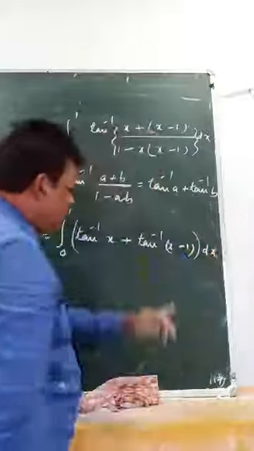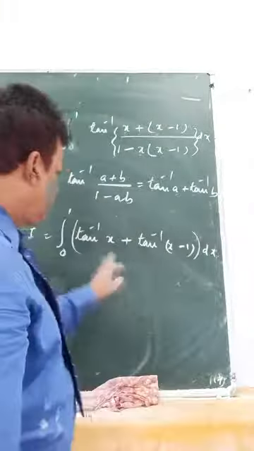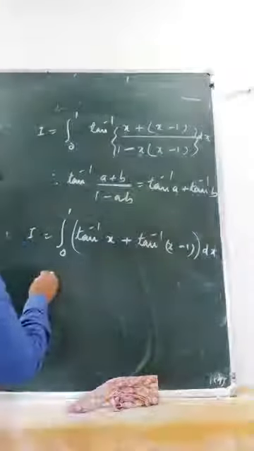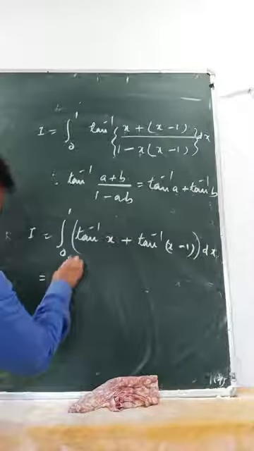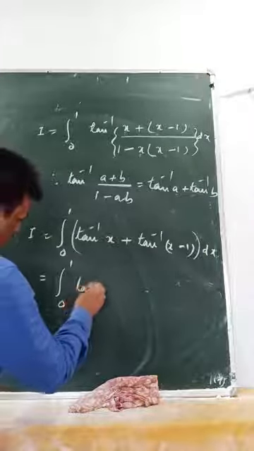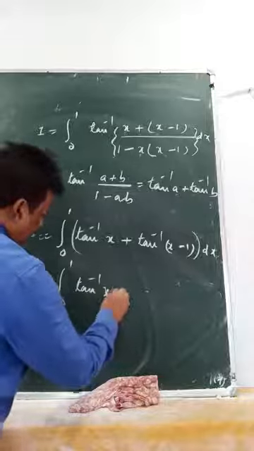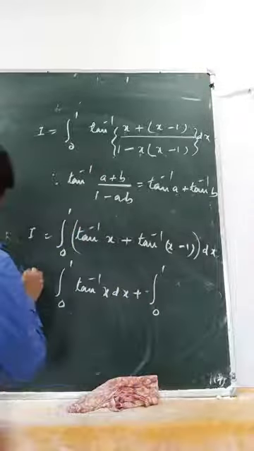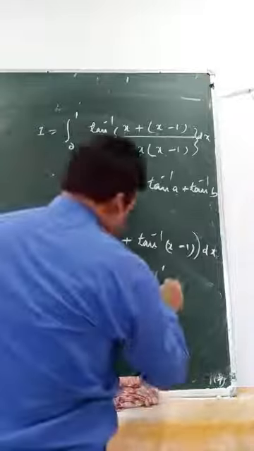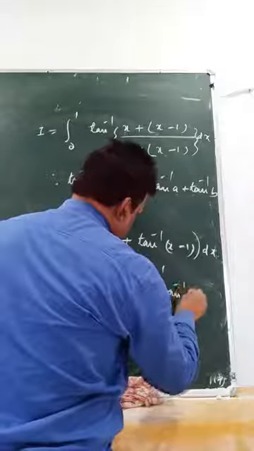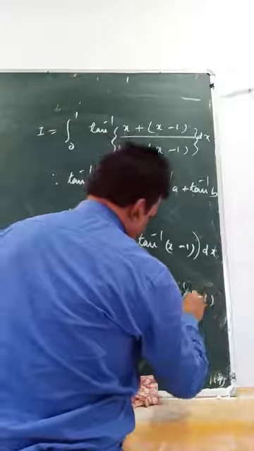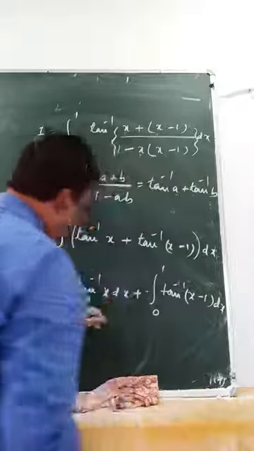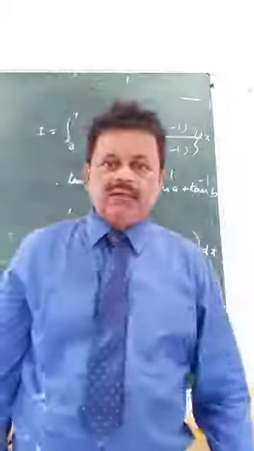Here is also a technique. What technique is there? You split it. If you split into 0 to 1 tan inverse x dx plus 0 to 1 tan inverse x minus 1 dx and integrate both, it becomes very lengthy.